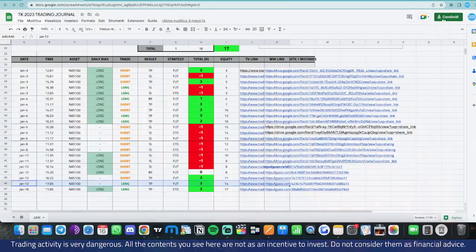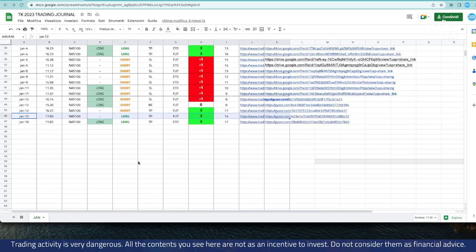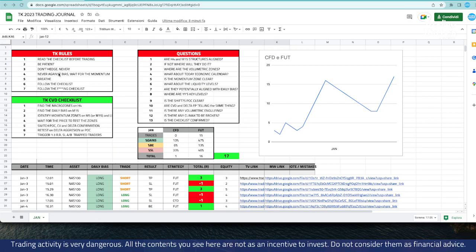Let me first show you my backtest, my journal that I keep updating in a totally transparent way. In 2023 I added these boxes, so my rules, the CFD checklist that I'm going to show you now, and some really interesting, useful questions that I try to answer before opening any trade.